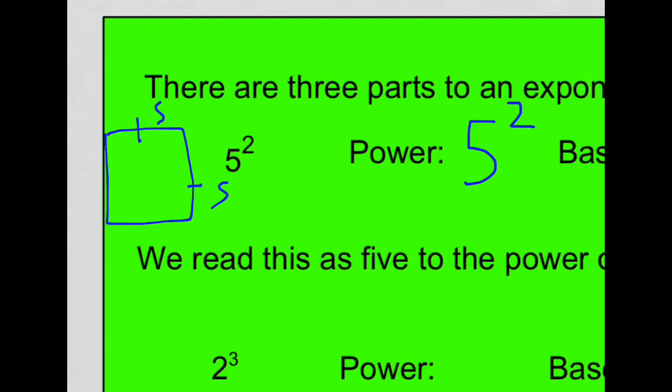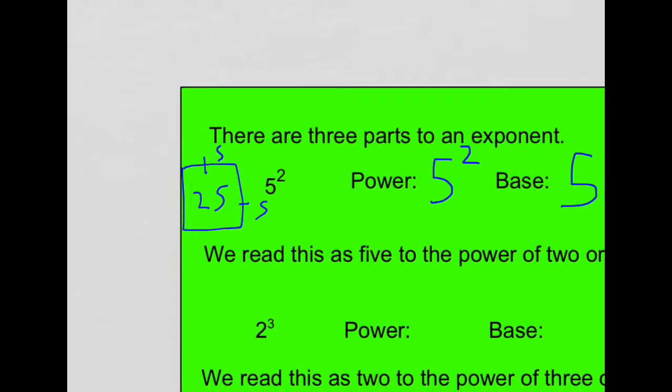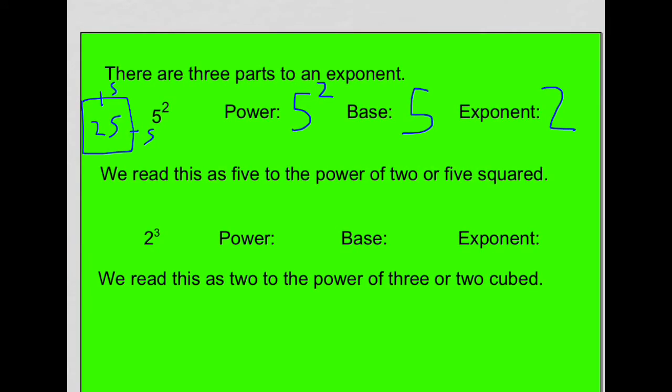And we know from our previous section that if a square has side lengths of 5, then its area must be 25 square units. So that's why we can say 5 squared, because it literally makes a square. So we read this number as either 5 to the power of 2 or 5 squared.